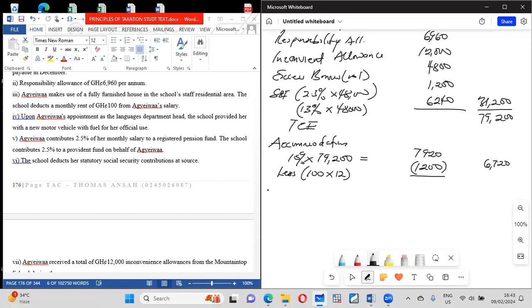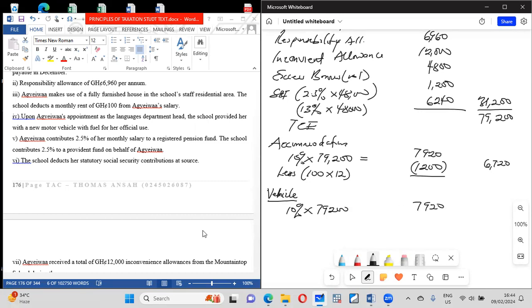Then the vehicle. How do we do the vehicle? Was she given a driver? If she had all of them, it's 12.5%. Now we are told that she just has two. So motor vehicle with fuel. So two is 10% of the total cash emolument, which is 79,200.